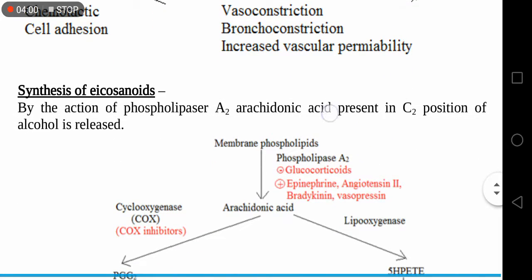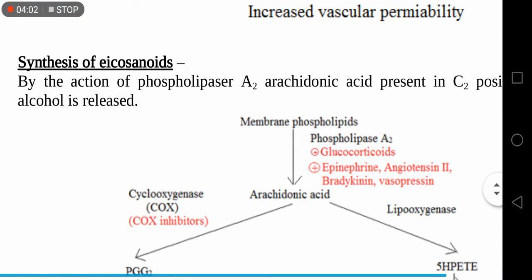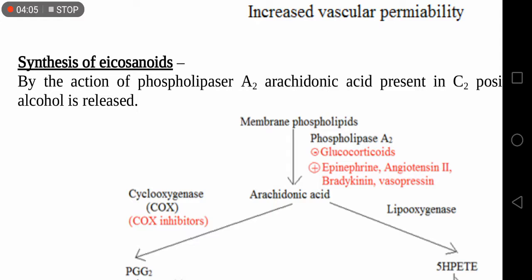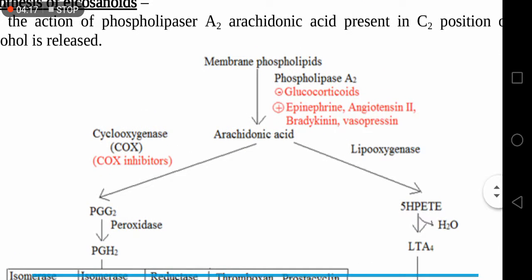Then synthesis of eicosanoids. How are the eicosanoids synthesized? Eicosanoids are synthesized by several steps shown in the figure.